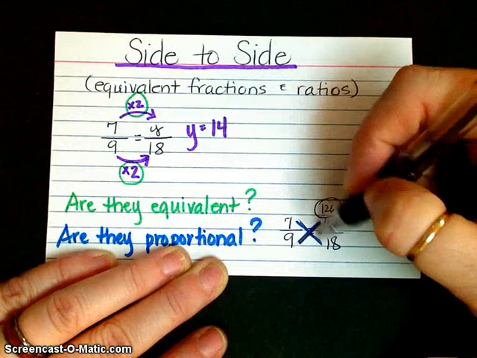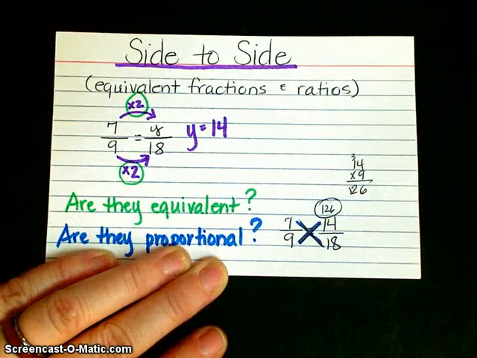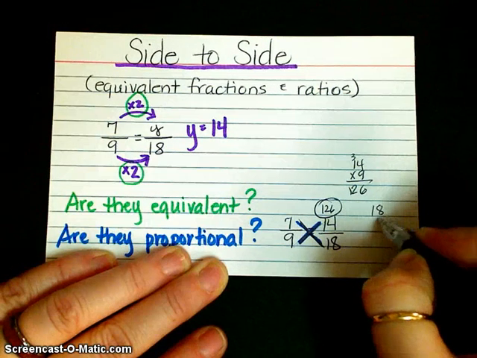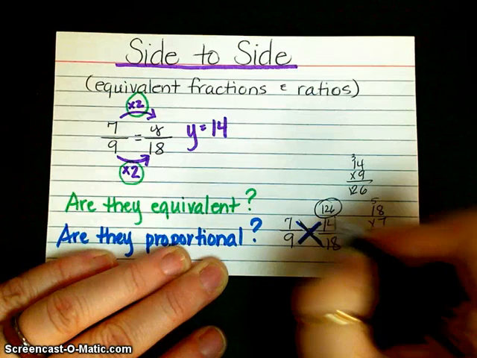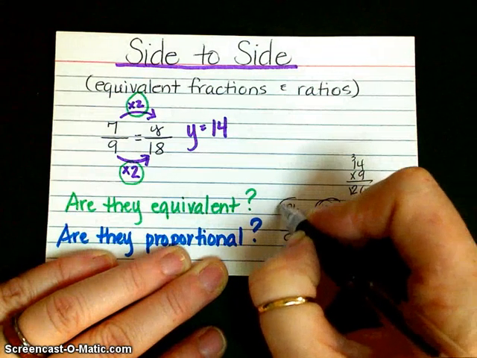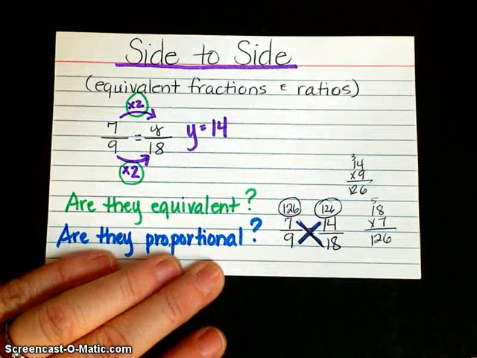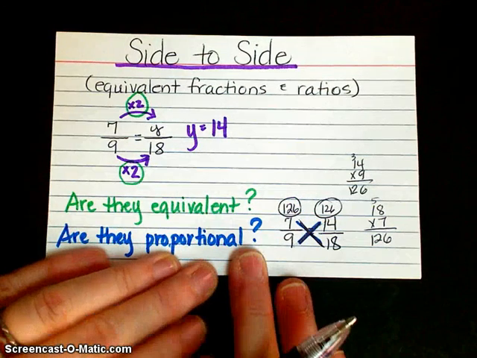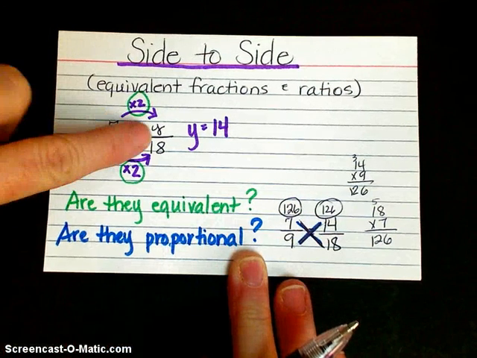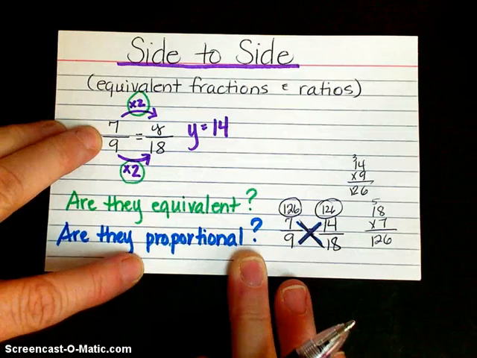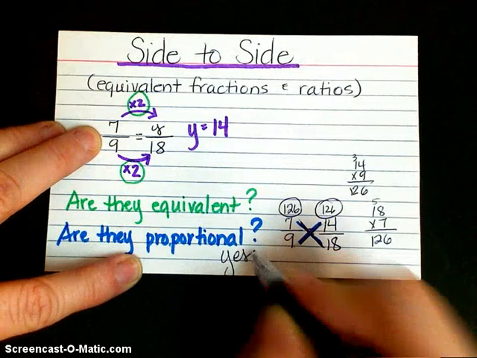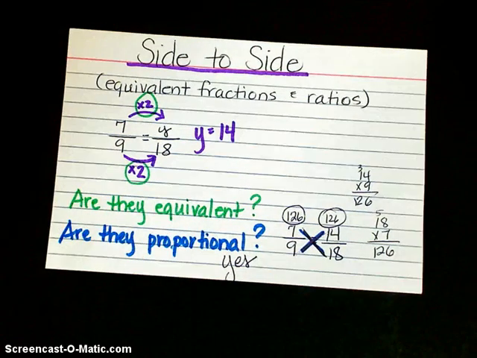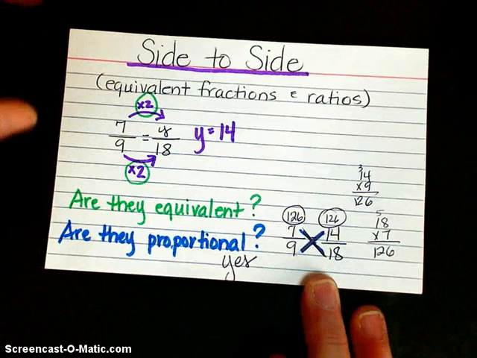Now I'm going to cross multiply my 7 and my 18. Well, 18 times 7 is also 126. So are these 2 rates or ratios proportional? The answer is yes. That's how we do side to side.